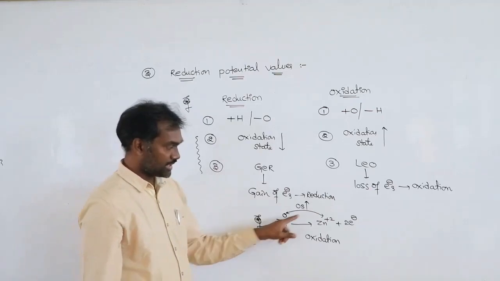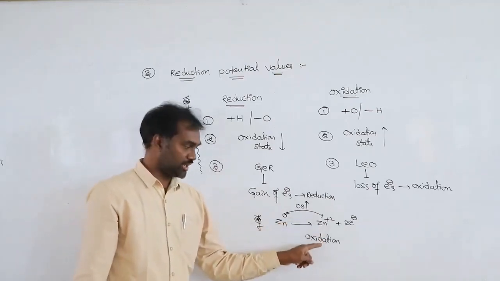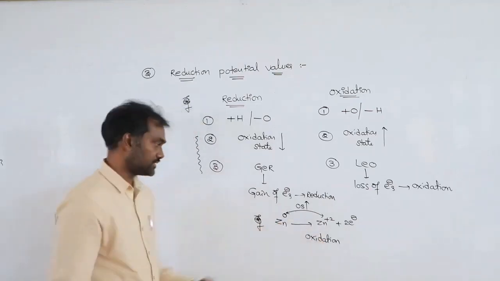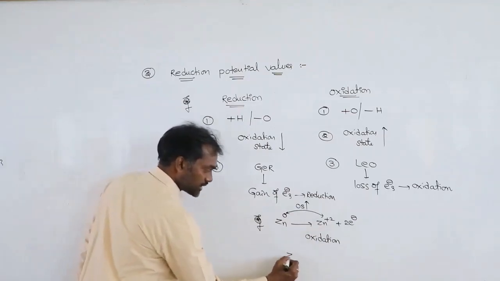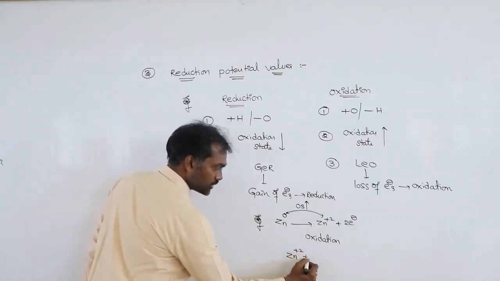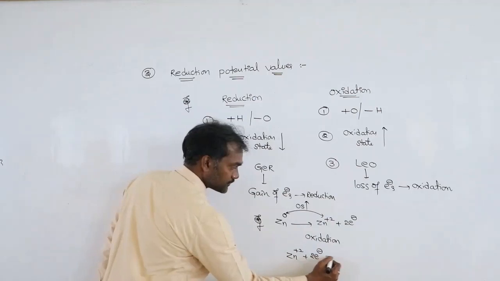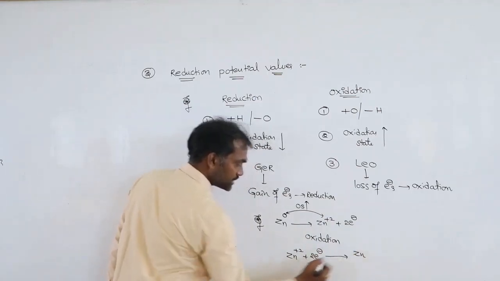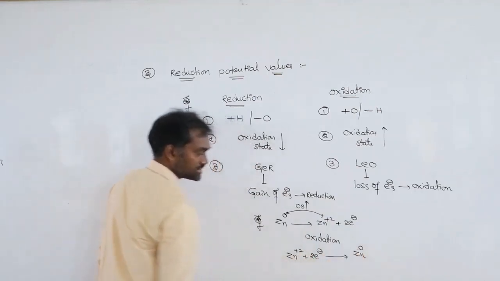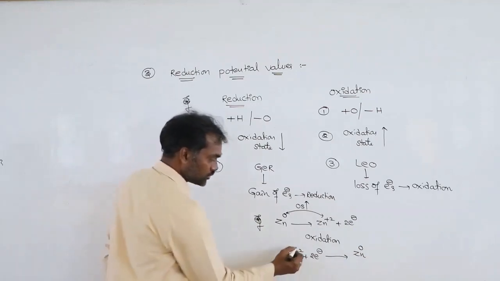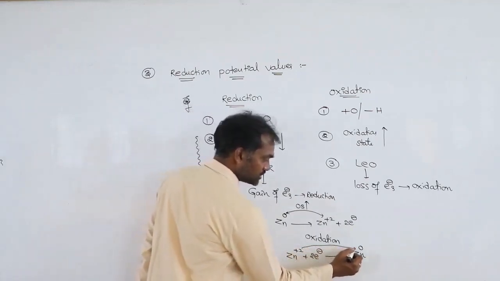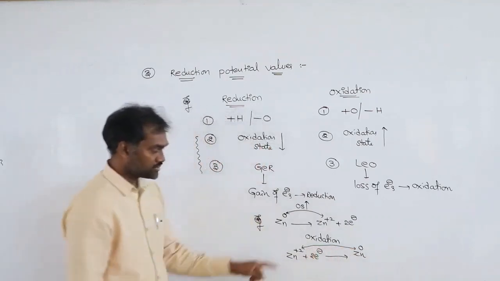Suppose zinc becomes Zn plus 2. That process you call oxidation. Next, take the reverse. Zn plus 2 takes 2 electrons and becomes zinc. So plus 2 becomes 0.